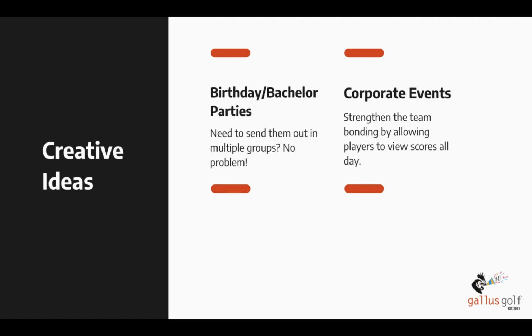Set up the leaderboard, let them play. And even if they're playing over a whole weekend, a lot of times people might not all be playing in the same day. It's great. You can have that leaderboard for an entire weekend, and whoever has the best score might win, and they can talk trash to each other that way. So it's a great way to keep score over multi-day events, maybe for a weekend where a corporation is having an event there.